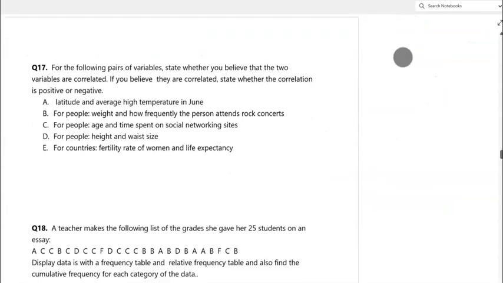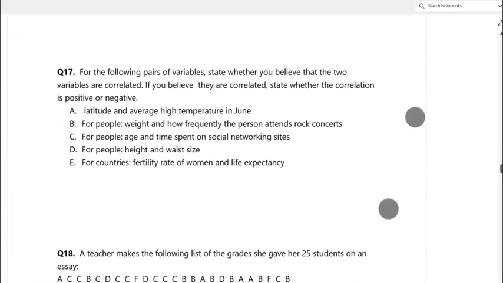Question number 17. For the following pairs of variables, state whether you believe the two variables are correlated. If you believe they are correlated, state whether the correlation is positive or negative. Question A, latitude and the average high temperature in June.